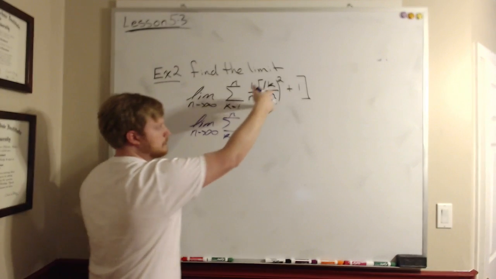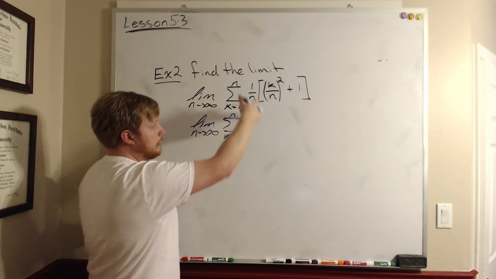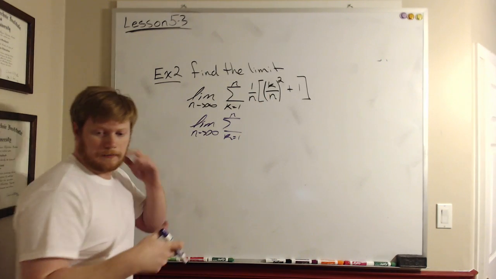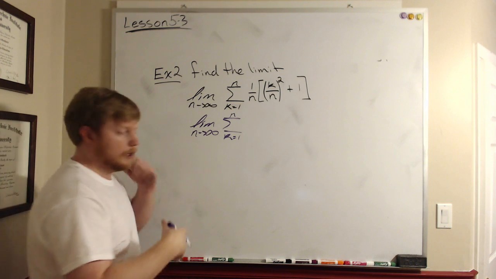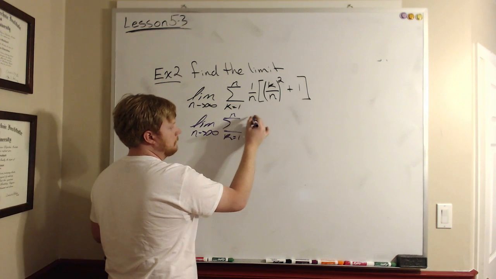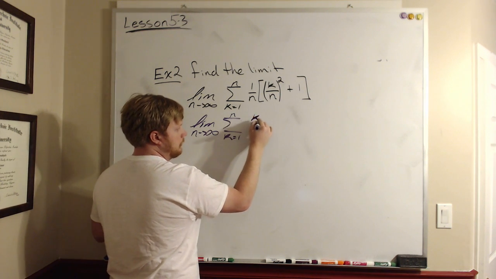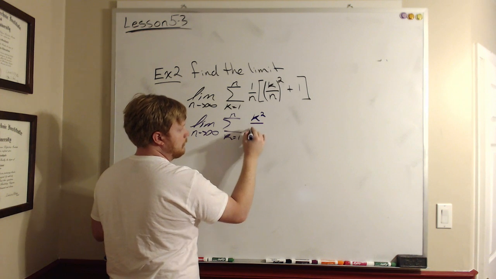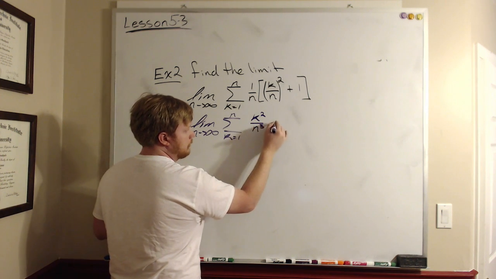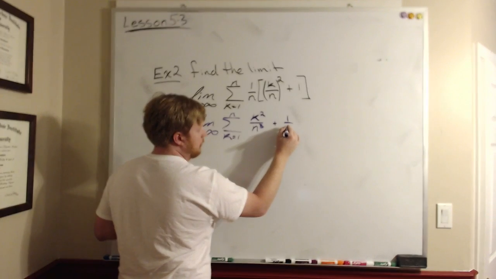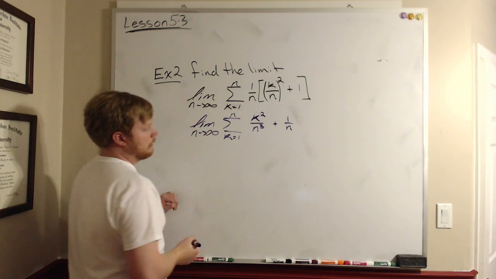Okay, I'm going to square k over n, and I'm also going to distribute in the 1 over n. So we get k squared over n cubed plus 1 over n.